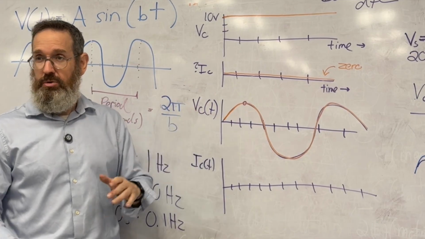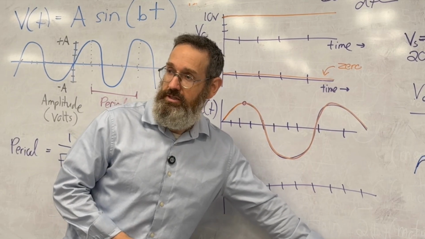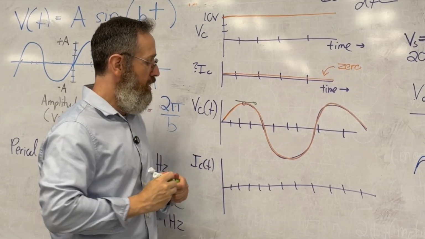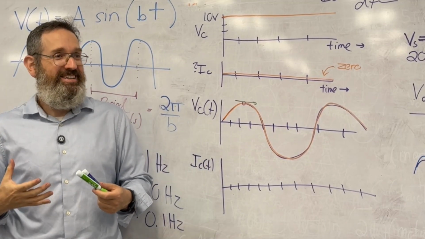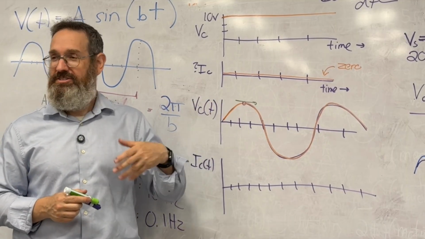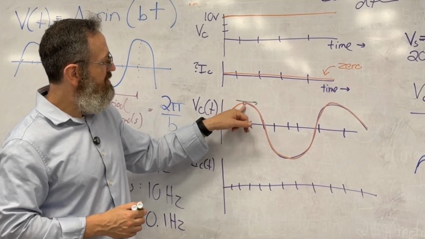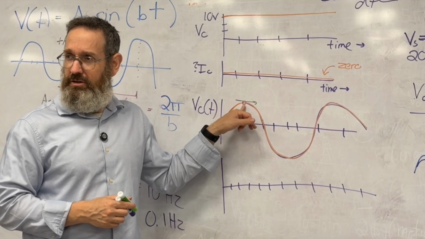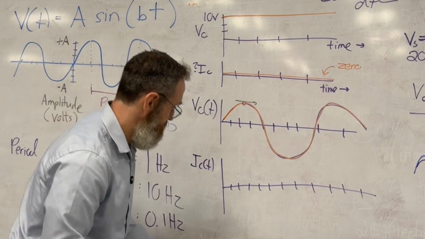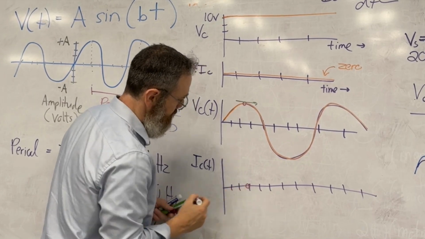If you remember a little bit of calculus, you'll realize that right here, even though we're at the peak of the voltage, we're actually at a plateau as far as the change in voltage. So actually, at this point, dV dt is 0. That means the current is 0.